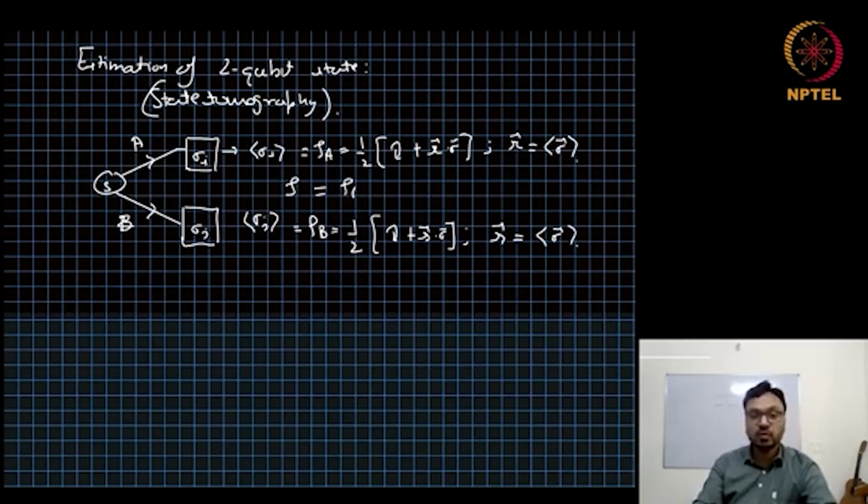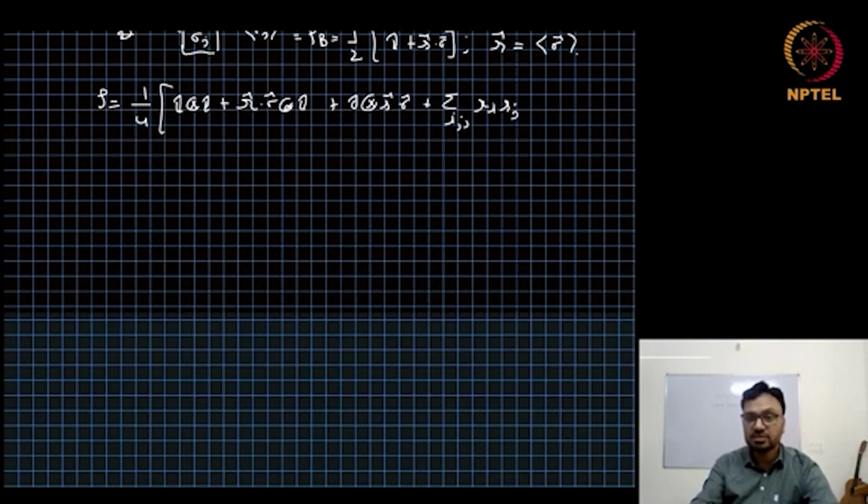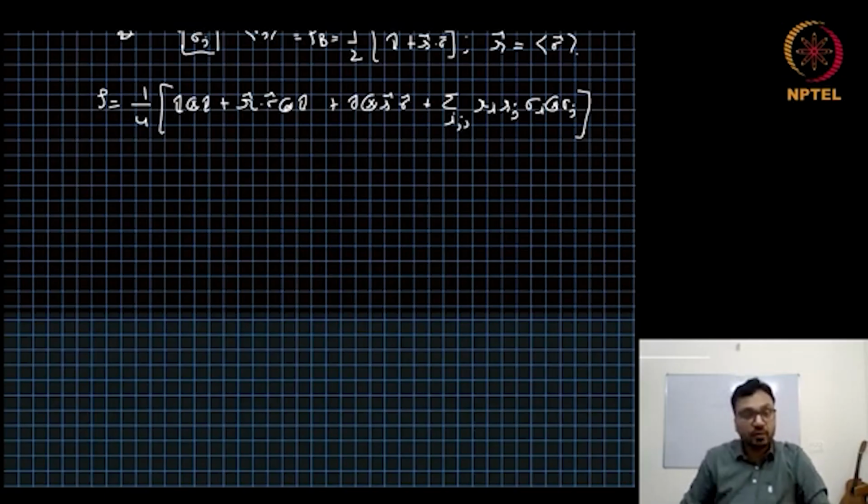And we can say rho is rho_A tensor rho_B. If we expand it, we get rho to be 1/4 of identity tensor identity plus R dot sigma tensor identity plus identity tensor S dot sigma plus the sum over i and j of R_i S_j sigma_i tensor sigma_j. So if we perform local measurements on the two qubits and get the density matrices rho_A and rho_B, then this is the joint combined density matrix of the two qubits.